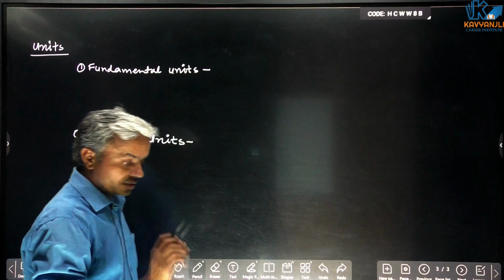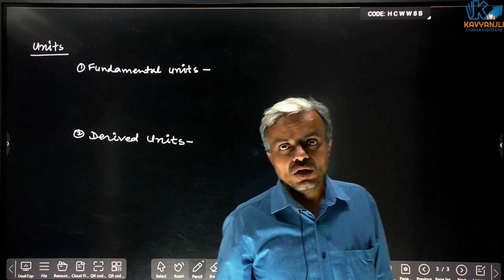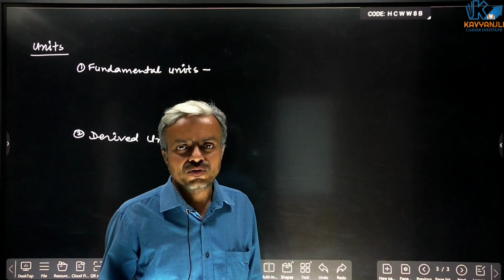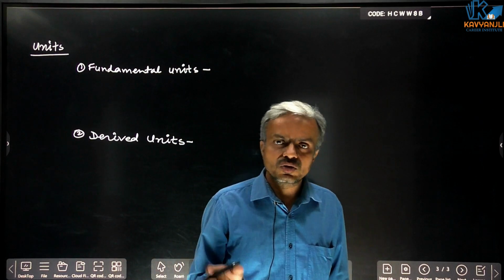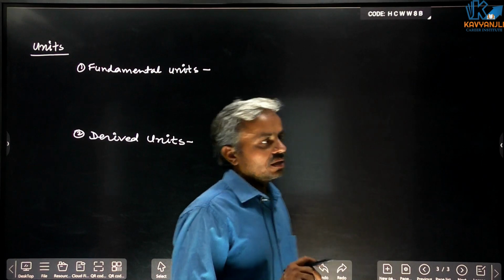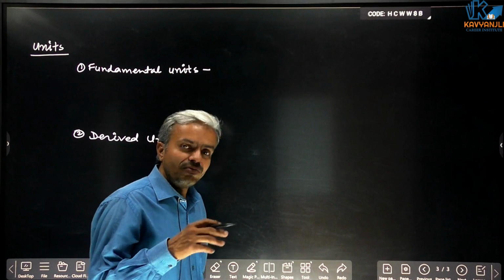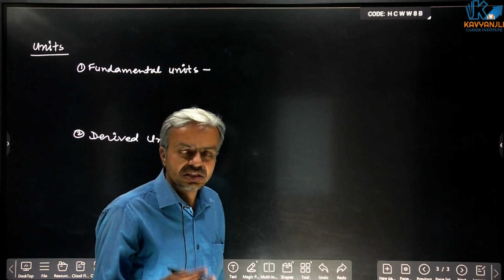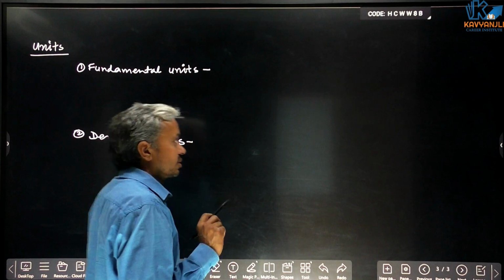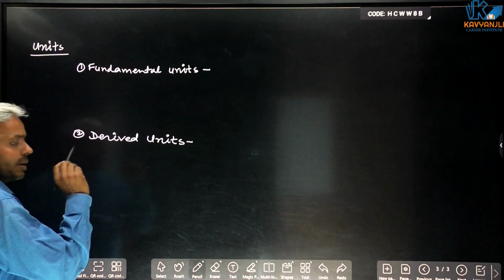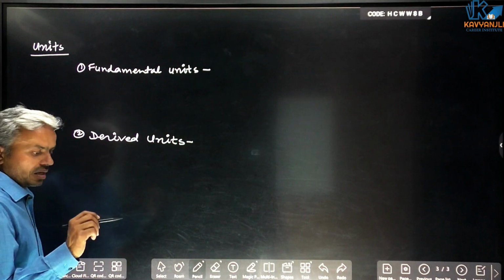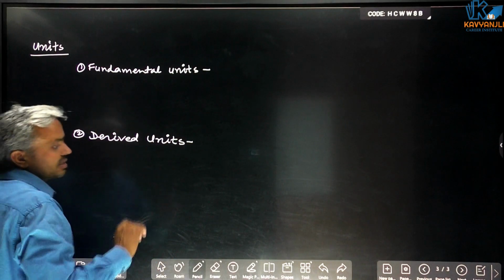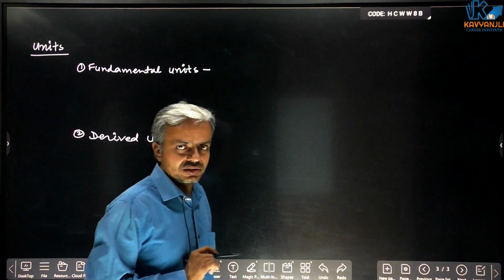What is fundamental unit? When we build an object, we have different kinds of things which do not depend on each other. In a similar way, when we measure an object, we have different physical quantities which do not depend on each other. So these independent physical quantities have independent units. So these independent units are called fundamental units.